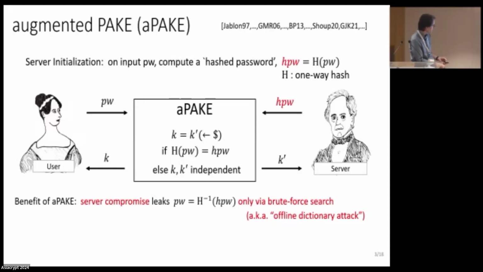And why? Because if you set things this way, a corruption of the server only leaks the password through a brute force dictionary attack. So you have to query the hash function on password candidates until you get a candidate that hashes to this value. Or that might never happen if the password is chosen with high enough entropy.